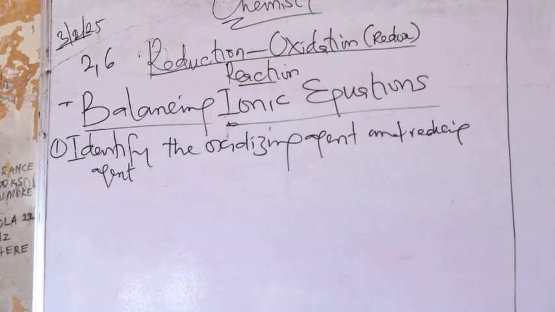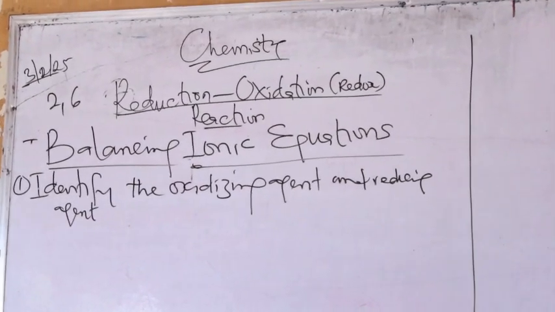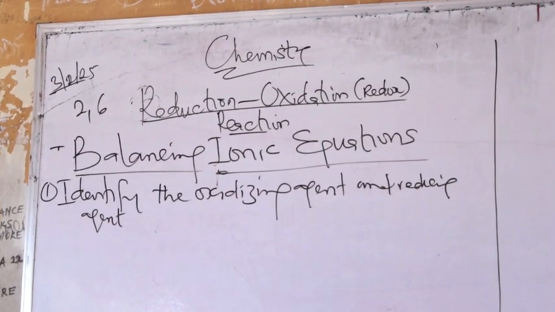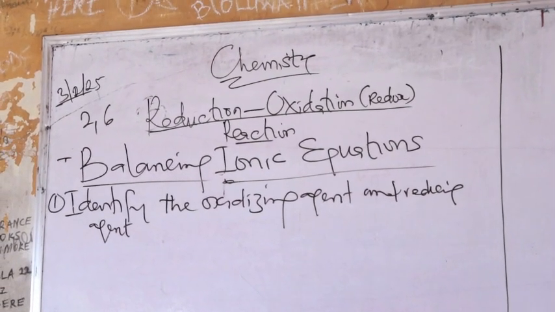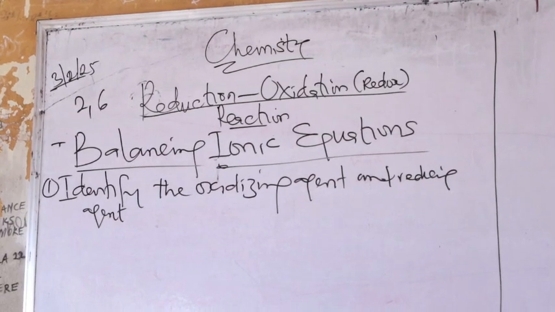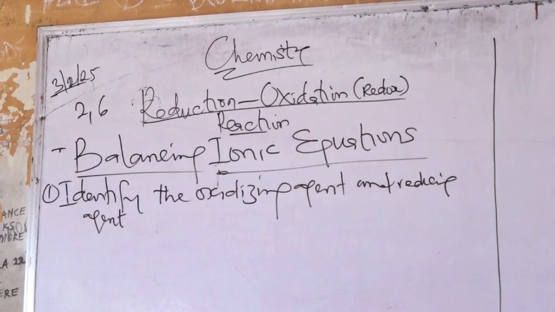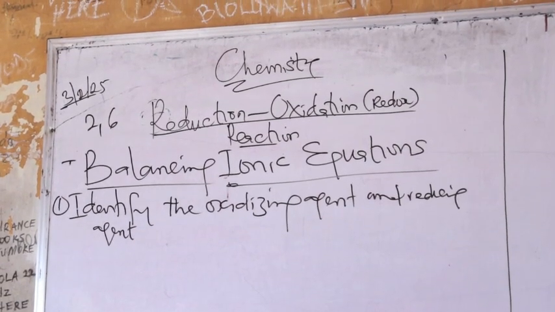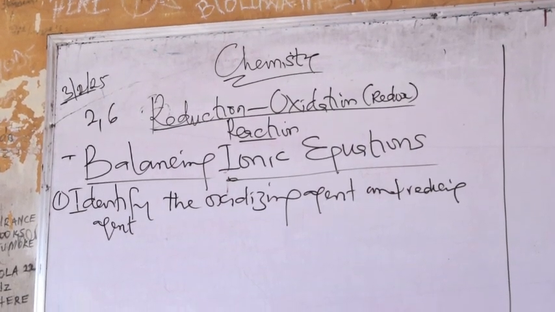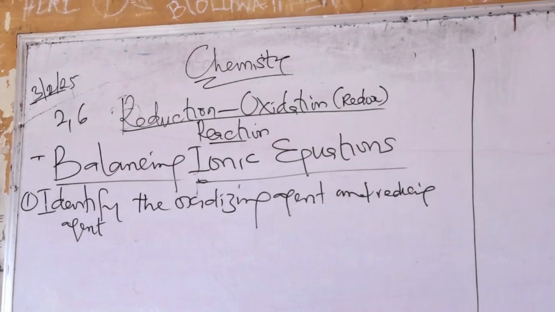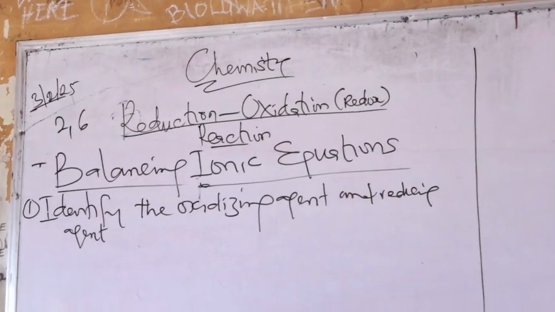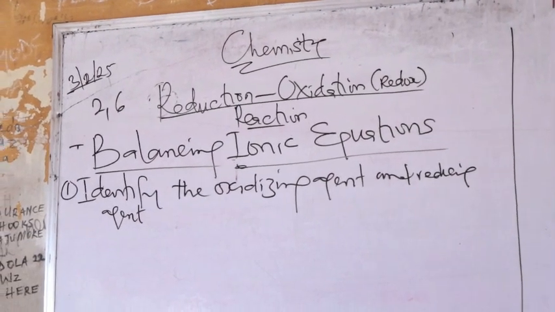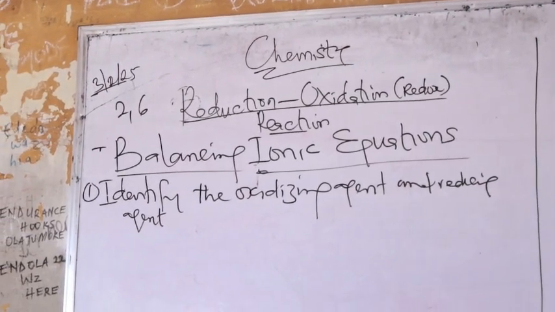Whenever ionic equation is given, it will come with oxidizing agent and reducing agent. You should be able to identify them. In fact, once you know these steps, even when you are given a balanced ionic equation and the equation say identify which of the species is reducing agent and which one is an oxidizing agent, you should.